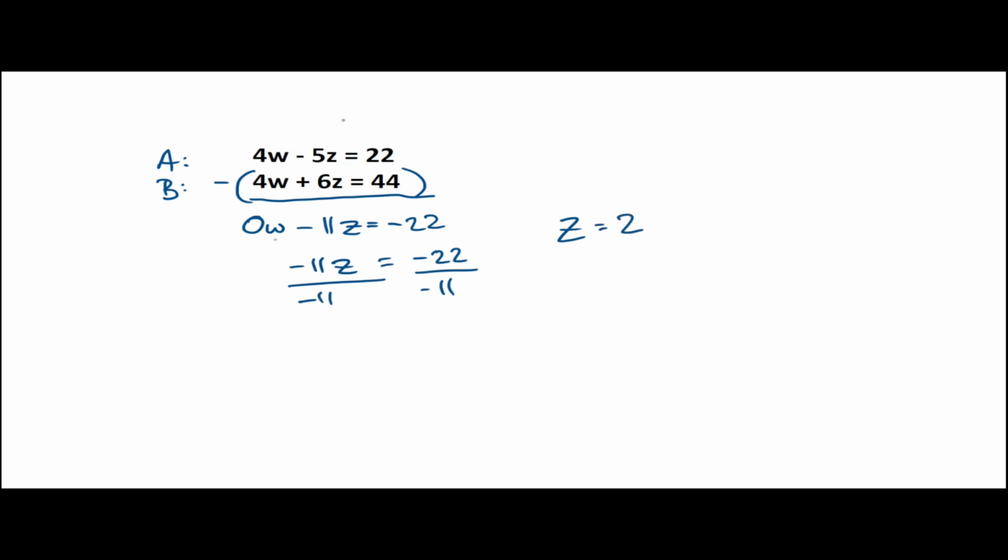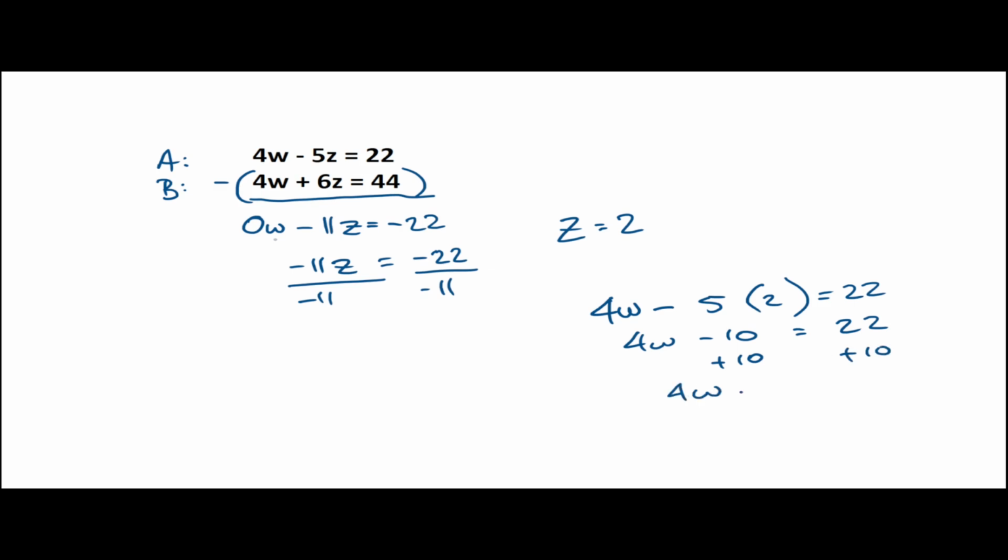Then once we've got Z equals 2, we can just come up to the top here. Let's use A for example. So 4W minus 5 times 2 equals 22. 4W minus 10 equals 22. I want to add 10 to both sides.